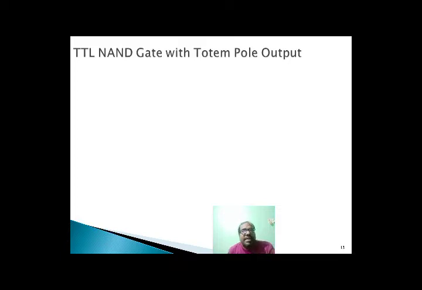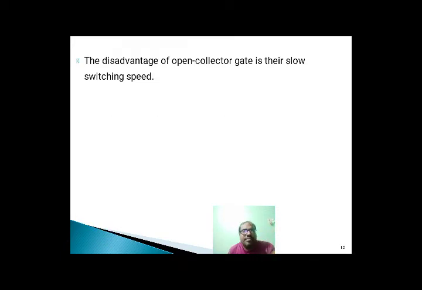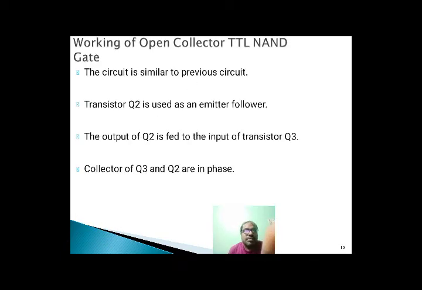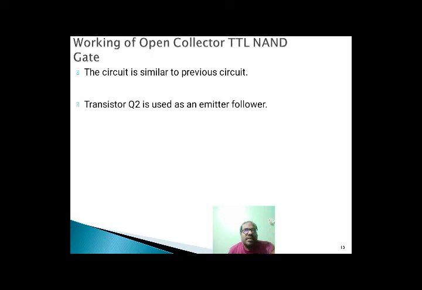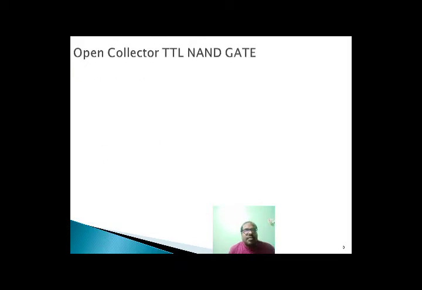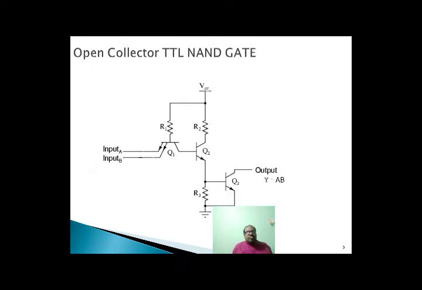Once again, the open collector TTL NAND gate. By viewing the diagram, it is a 2-input TTL NAND gate with open collector output, as shown in the figure.